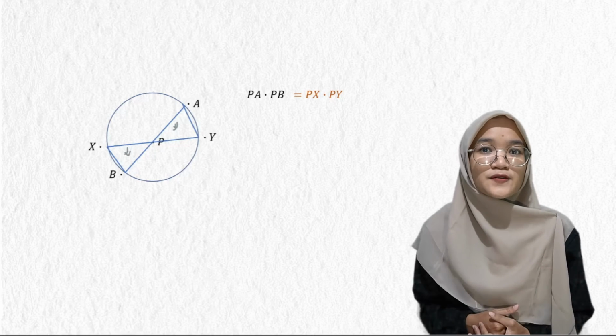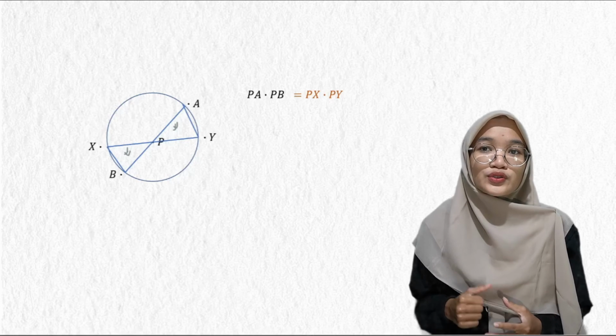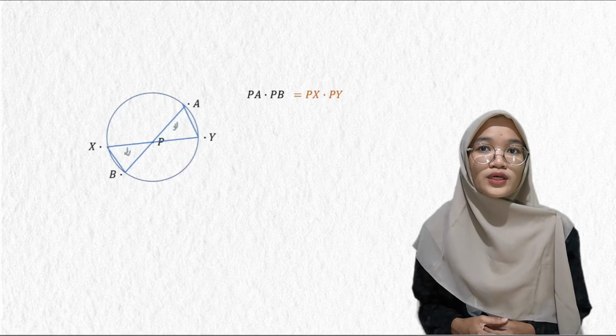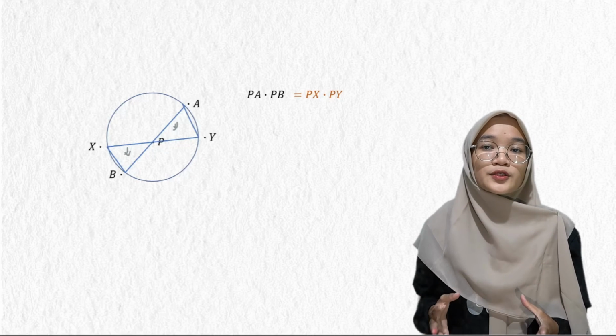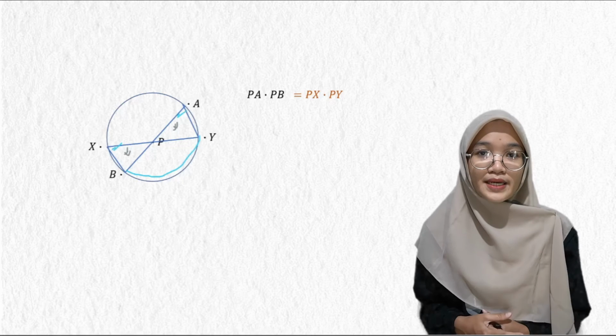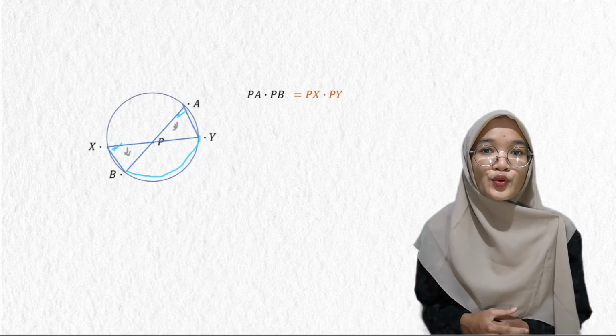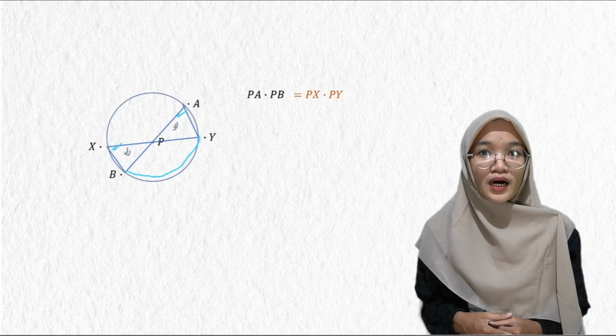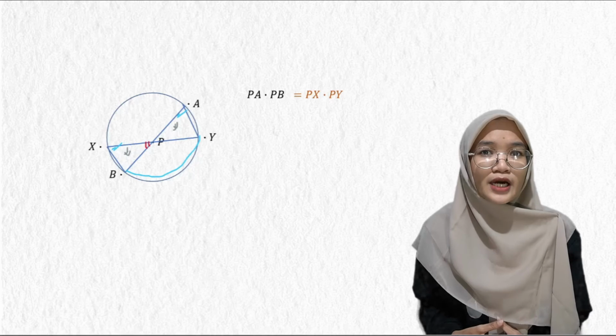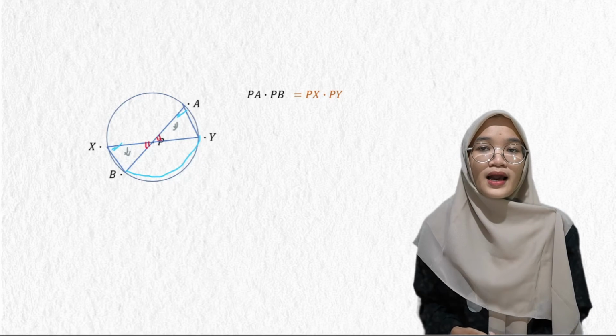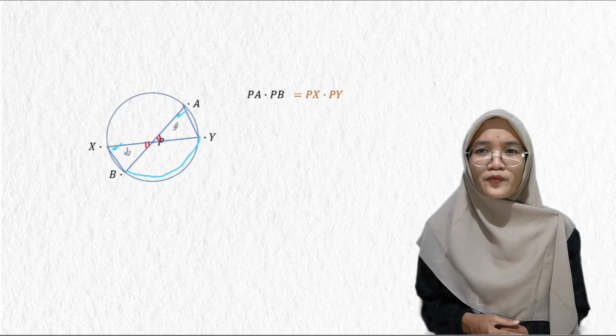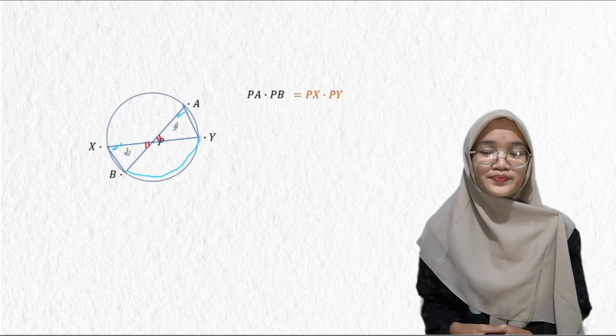The reason is very simple. These two angles are equal because they are subtended by the same chord, and these two angles are equal because they are vertically opposite. And the remaining angles will obviously be the same.